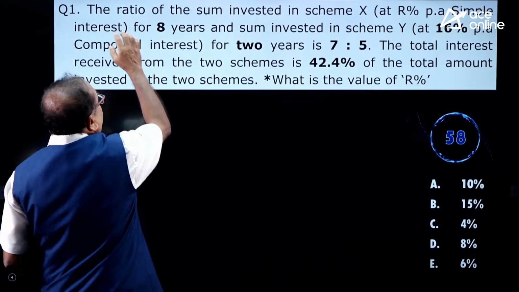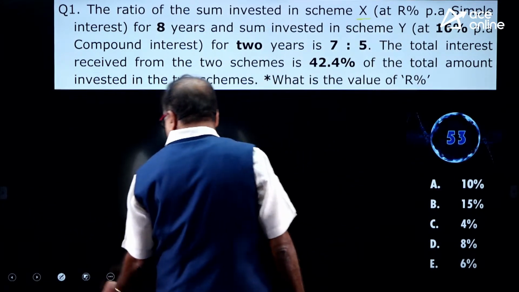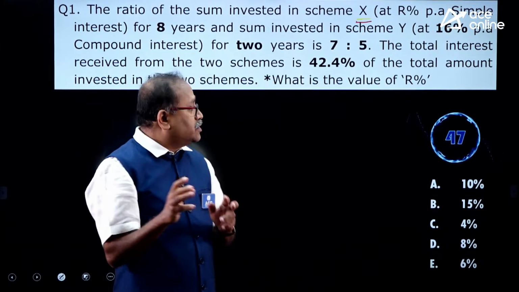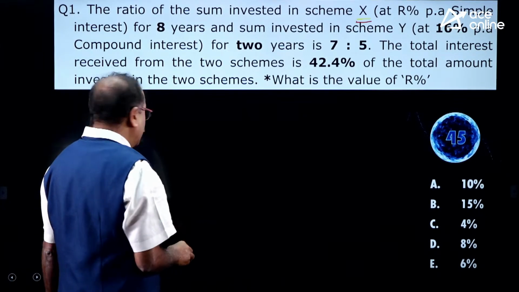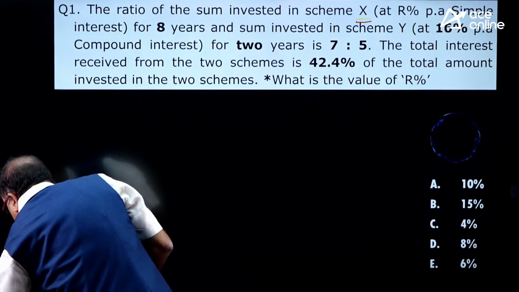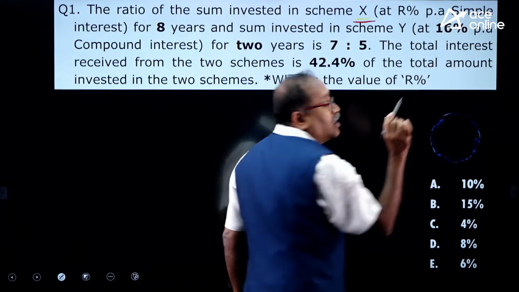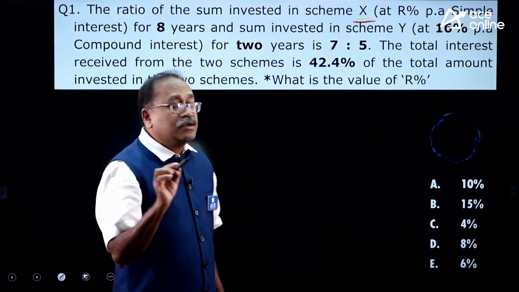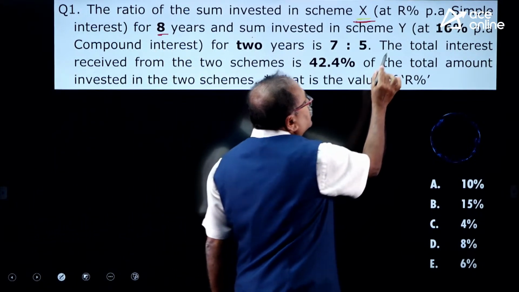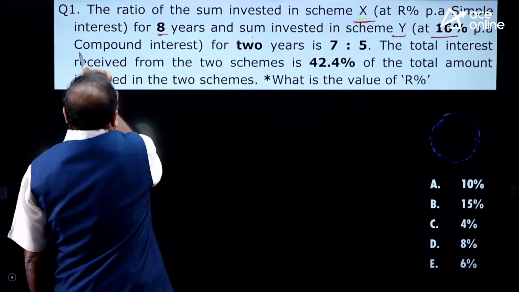So here I can notice the ratio of the sum invested in scheme X at R% per annum for 8 years, the rate is not given here, and the sum invested in scheme Y is at 16% per annum compound interest.